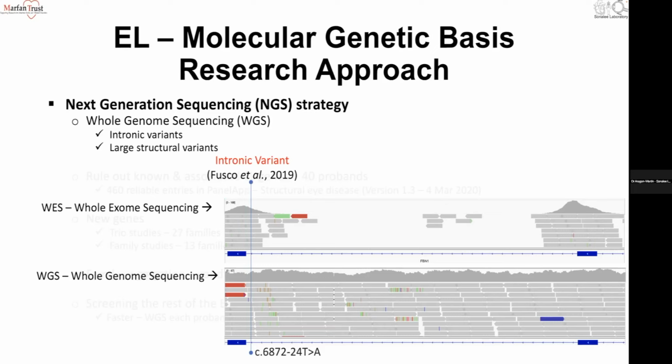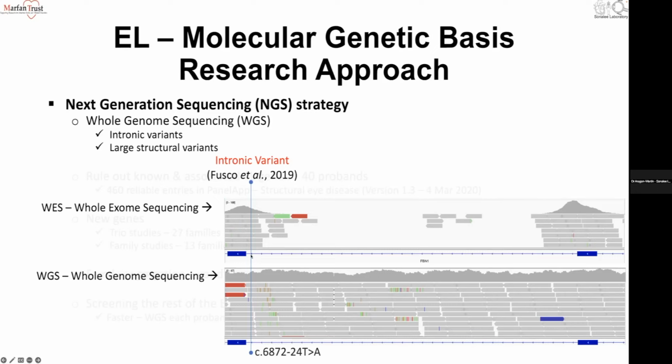The difference might not be important at first sight. Here is an example of an intronic variant that after further research was classified as a causative mutation in a Marfan syndrome patient. The study of this intronic variant was done in Italy by Fusco in 2019 using another technique called Sanger sequencing.